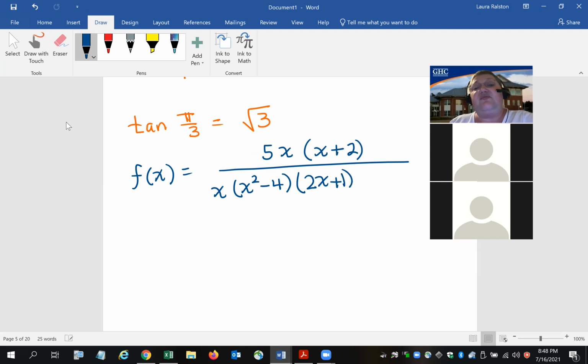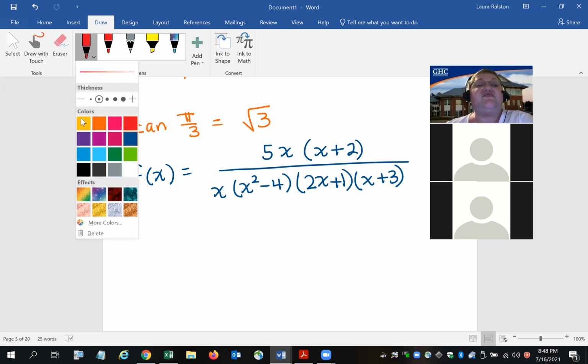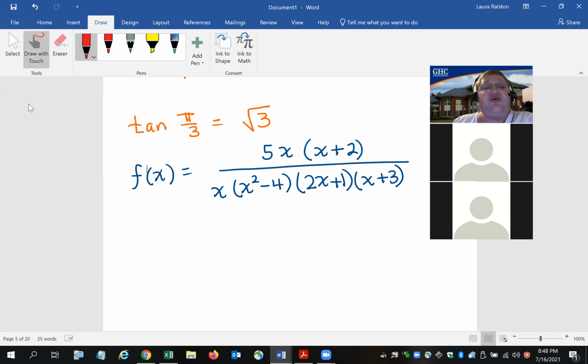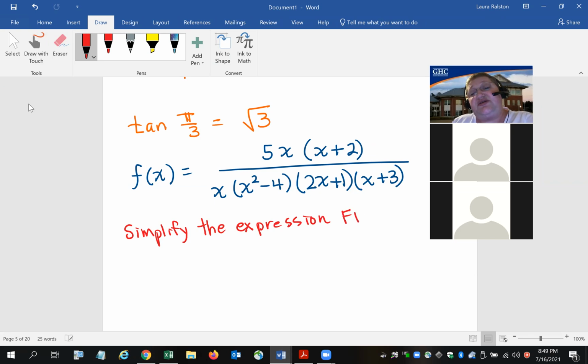Most students just take each one of these pieces in the denominator and solve for x. But again, you have to simplify the expression first.